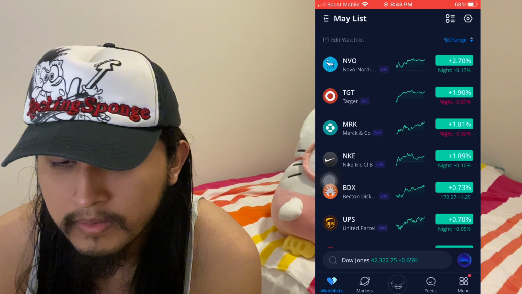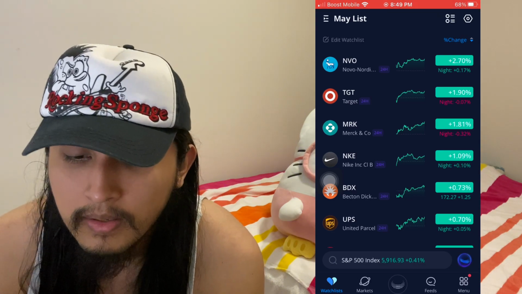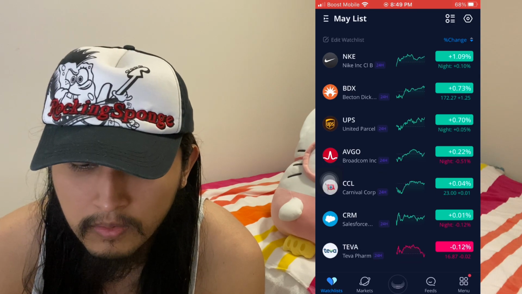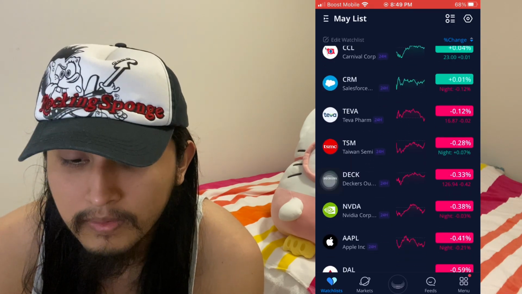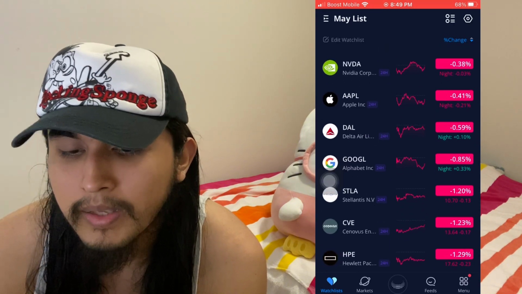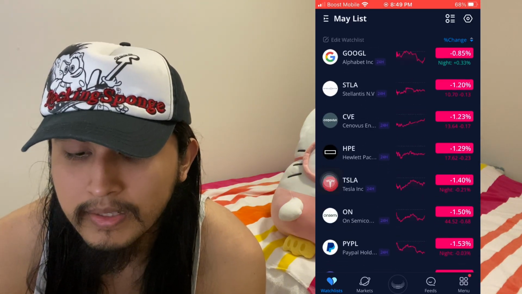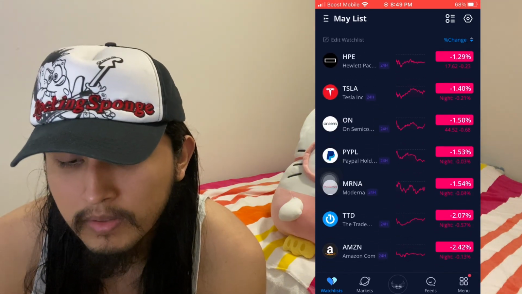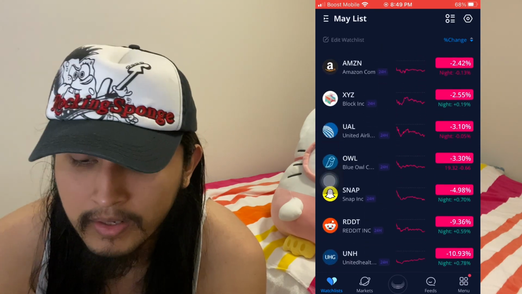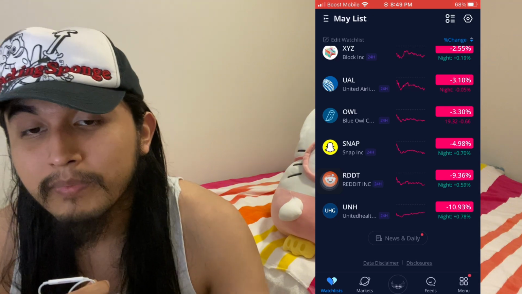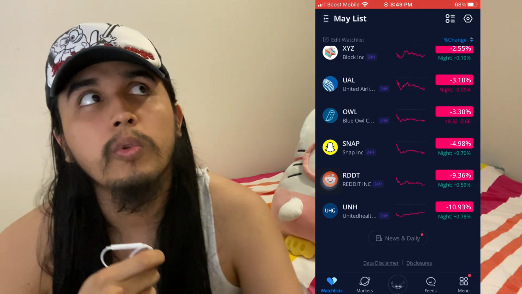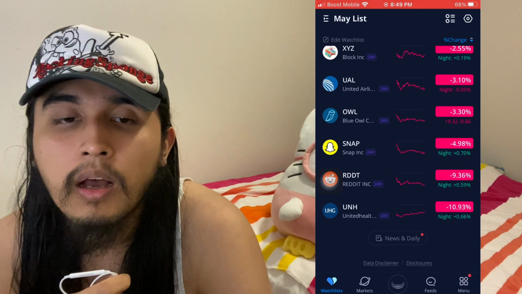I'm focusing on the stocks to trade, which are NVO, Target, Merck, Nike, BDX, UPS, AVGO, CCL, CRM, Teva, TSM, DEC, Nvidia, Apple, Delta Airlines, Google, STLA, CVE, HPE, Tesla, ON, PayPal, Moderna, TTD, Amazon, XYZ, UAL, Owl, Snap, Reddit, and UNH. So basically those are the stocks that I've been trying my best to trade.